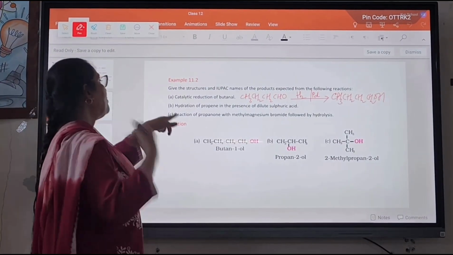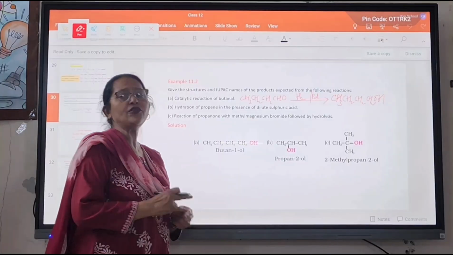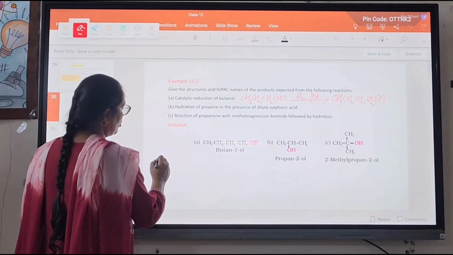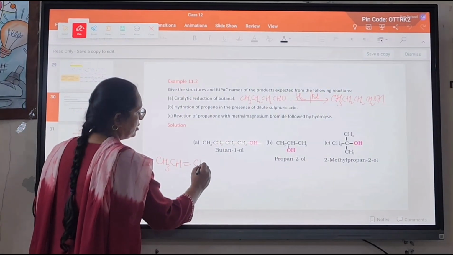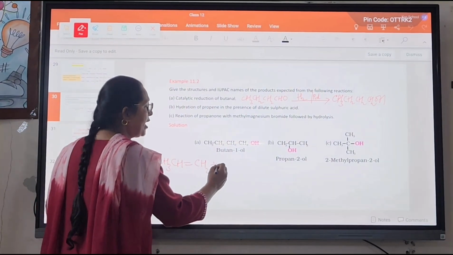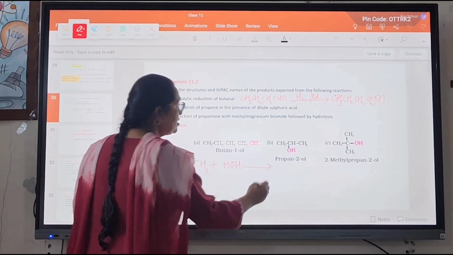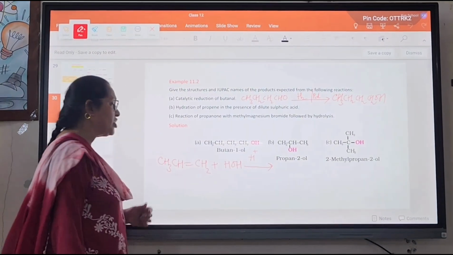The second part of the question is hydration of propene in the presence of dilute sulfuric acid. Hydration of propene, so write down the formula of propene. We are going to do the hydration, that means H-OH. This reaction takes place always in the presence of H+ ion.